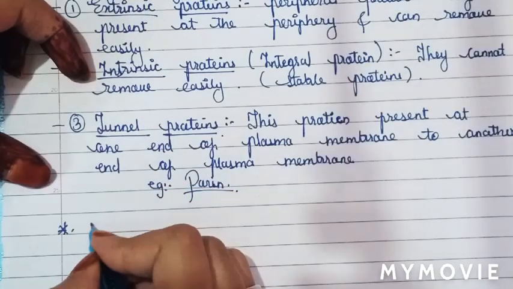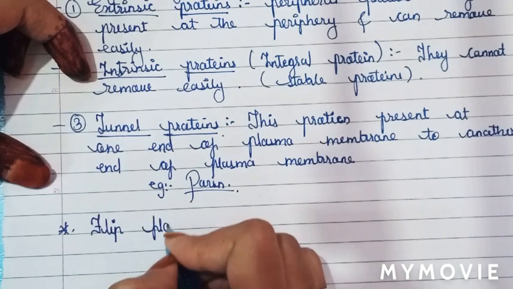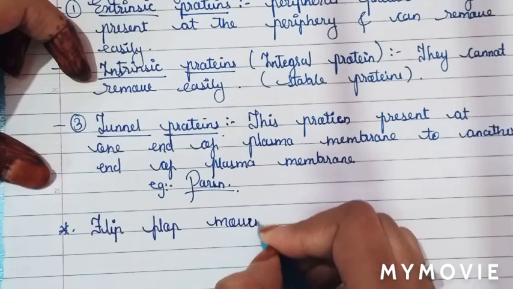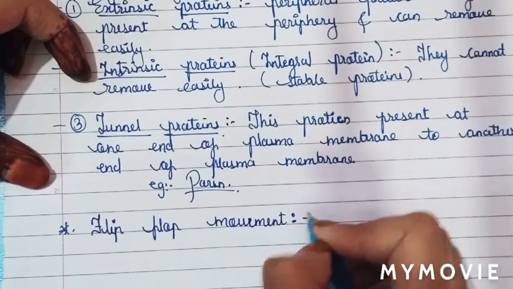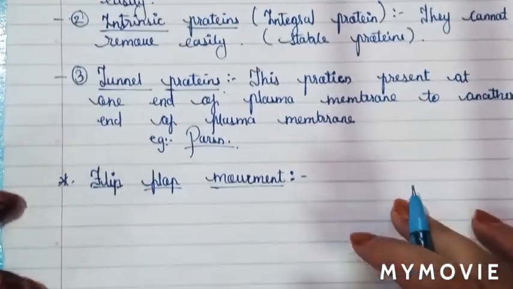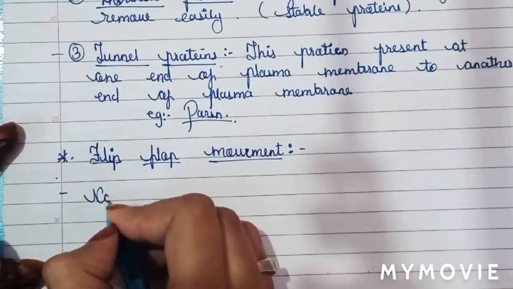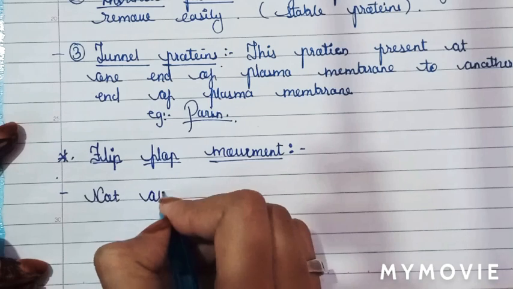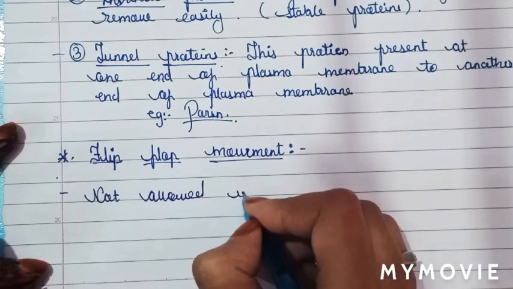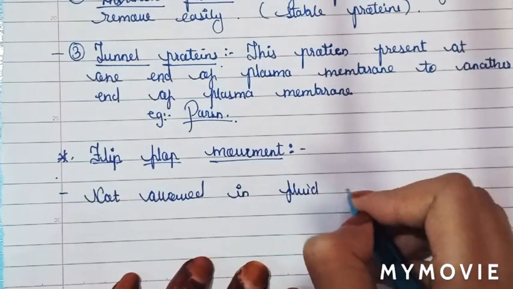So we will write here: flip-flop movement not allowed in fluid mosaic model.